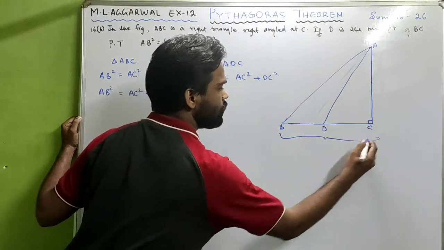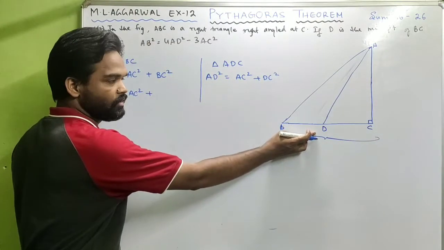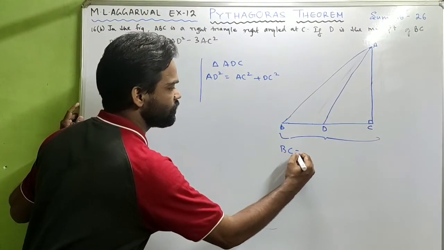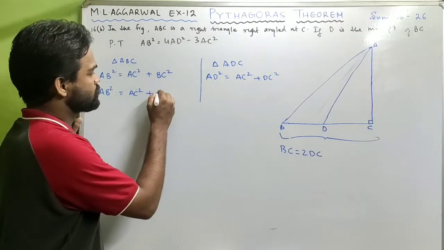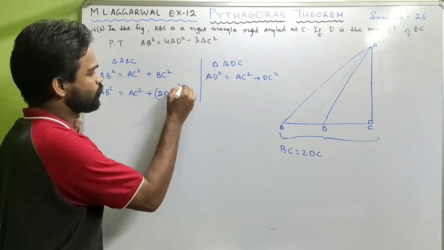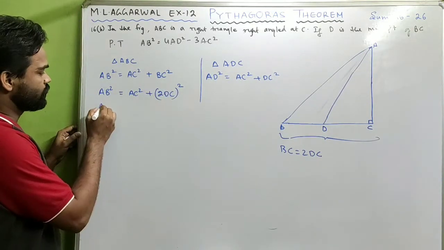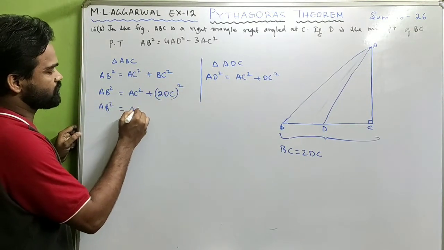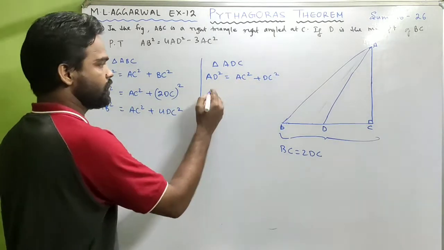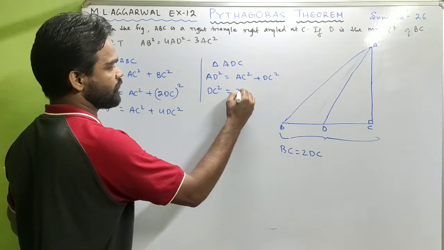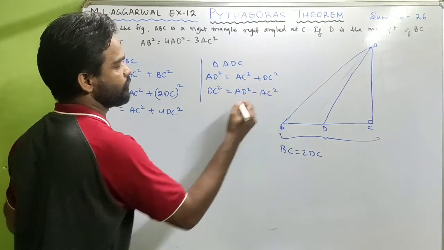Now look carefully. AB square equals AC square plus BC square. D is the midpoint, which means BC will be twice of DC. No doubt in that. So twice of DC whole square. We can write this, which means AB square equals AC square plus 4 times DC square. Now from here, DC square is AD square minus AC square.